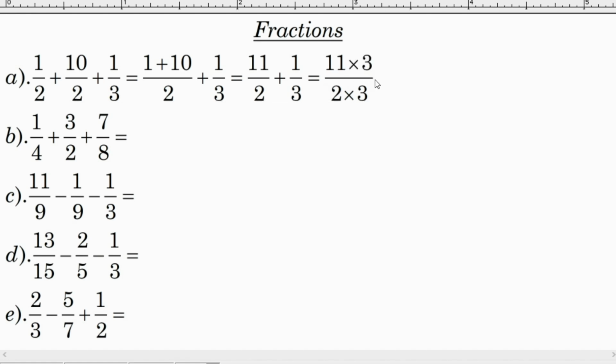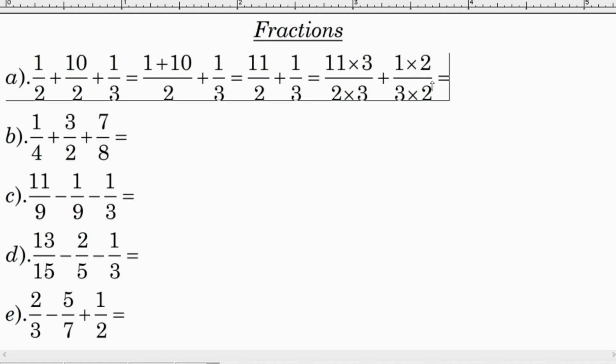Then plus, when I have 3 here, I have to multiply by 2, which is equal to 6, and I also have to multiply the numerator 1 by 2.